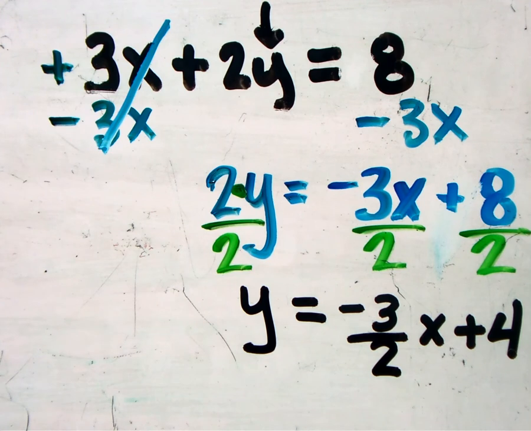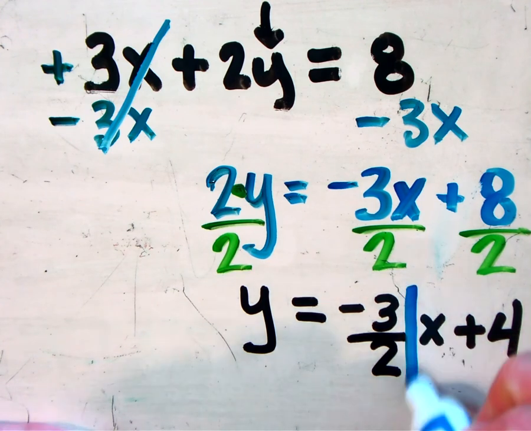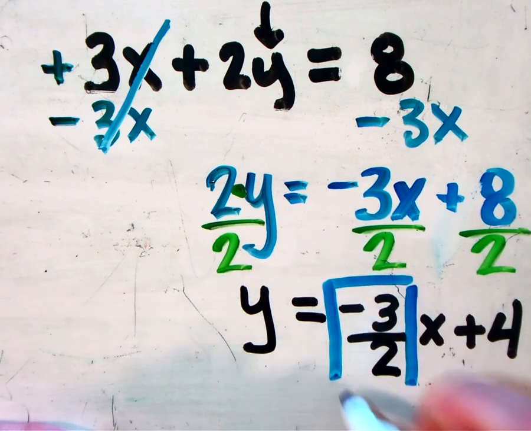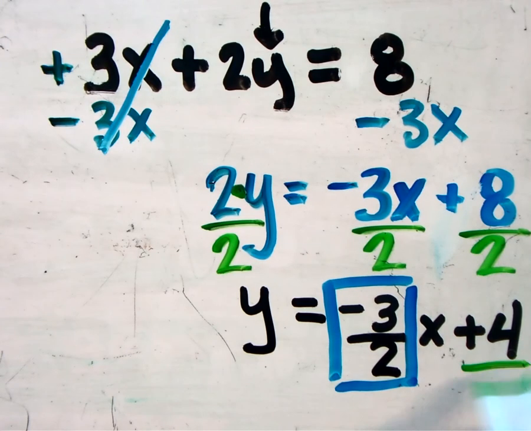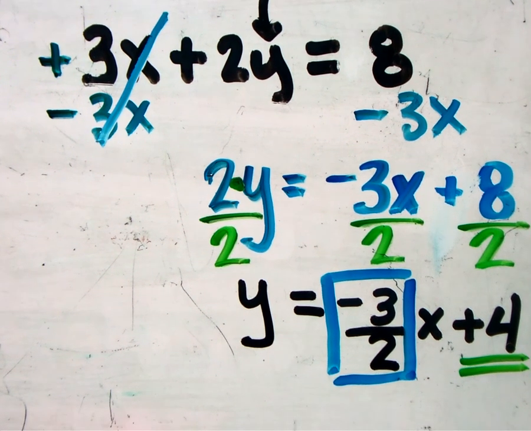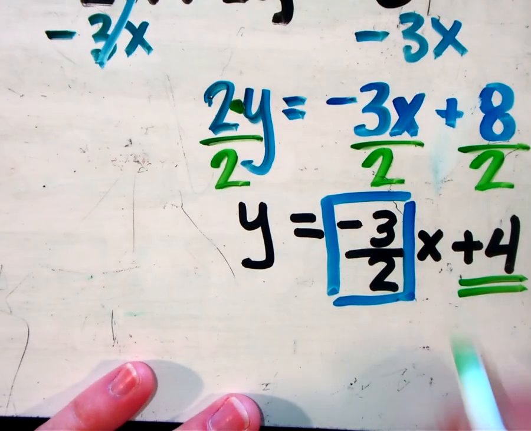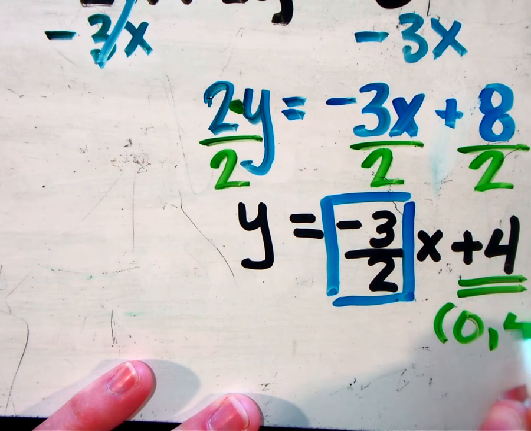So my slope is going to be this one, which once I graph that, that's going to make me go down 3 over 2. But before I try to go down 3 and over 2, I have to graph this y-intercept first, which is the point 0, 4.